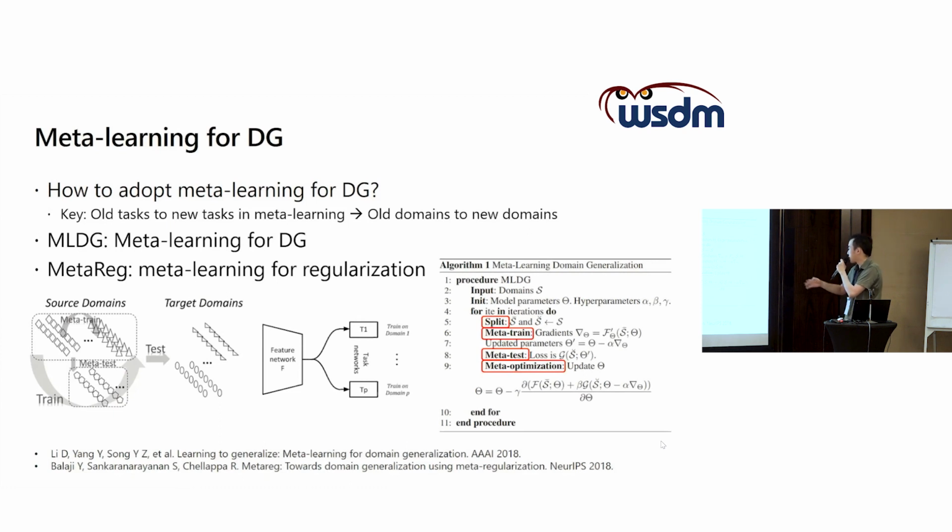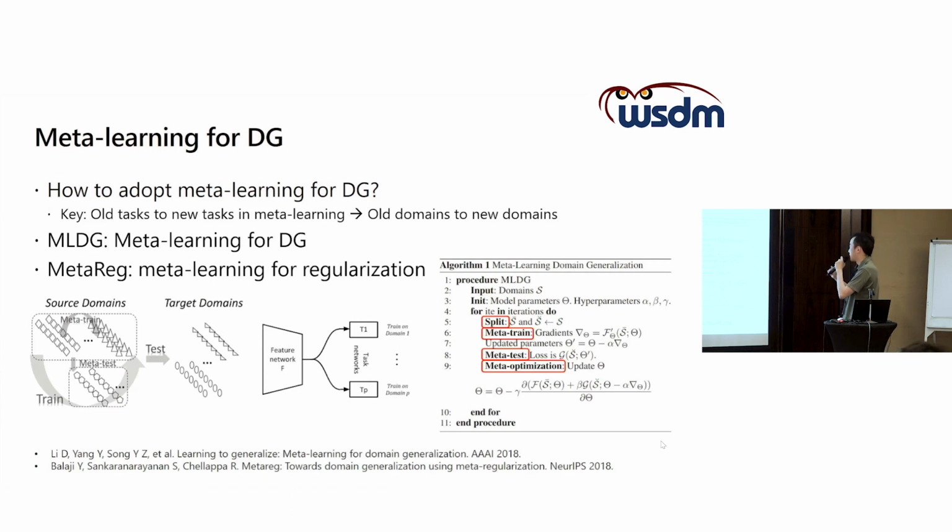So here, as you can see, this is the whole pipeline. In the original meta-learning, we already have sufficient samples for some specific types of tasks, but for a new task we also have a few labels.